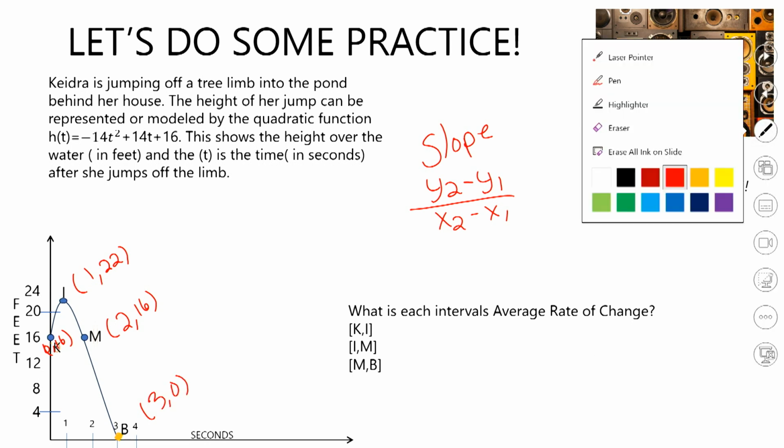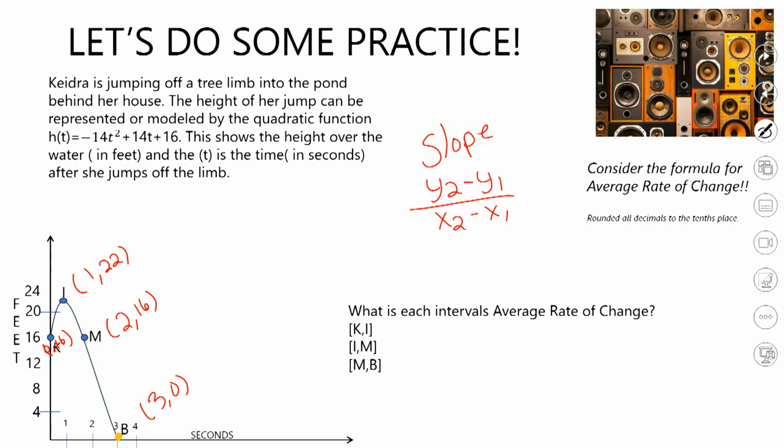So now that we have all of our coordinates, we can look at how to use this slope formula. I'm going to start labeling. I'm going to use this one as my x1 and my y1. This one is my x2 and my y2. The reason I'm using K and I first is because this is the first interval that it asked me for.